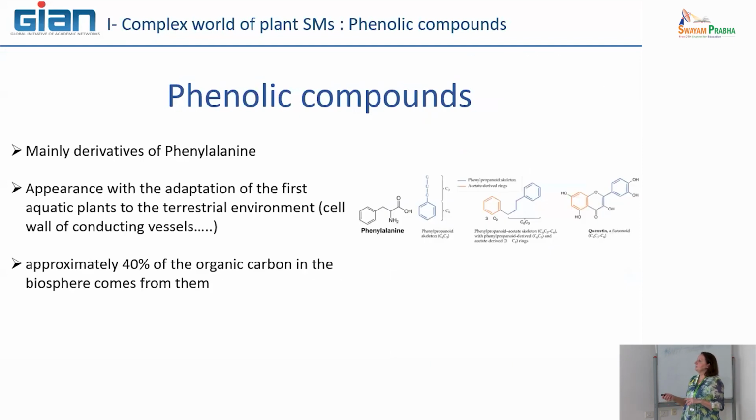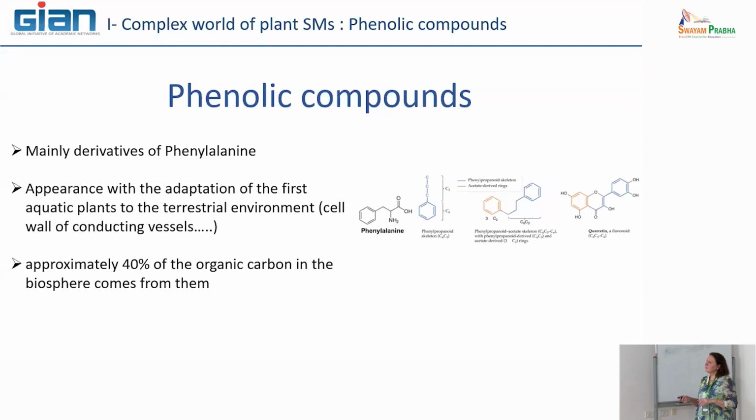And in fact, it's interesting because it is also this type of molecule we find in each organism, and particularly in algae, meaning that they appear first in aquatic plants, which is not the same case, for example, for all the terpenes, some yes, but not all, and also we will see that for nitrogen compounds such as alkaloids.